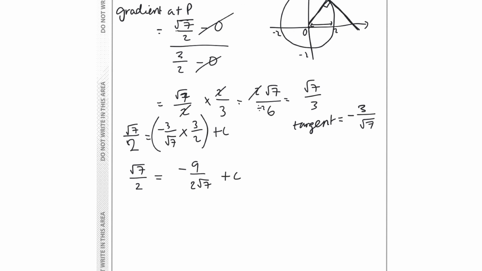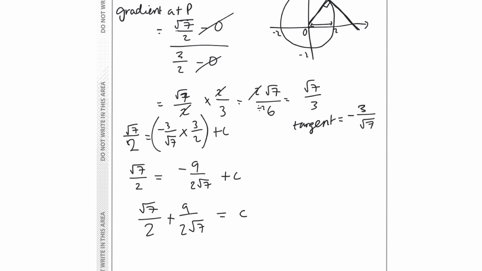Collect everything on the same side. So that would give you root 7 over 2 plus 9 over 2 root 7 equals c. In terms of working out what this is, you can literally stick this into your calculator and change the settings of your calculator to give you a surd form.